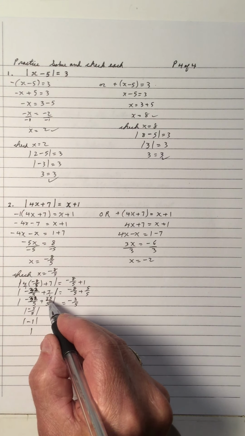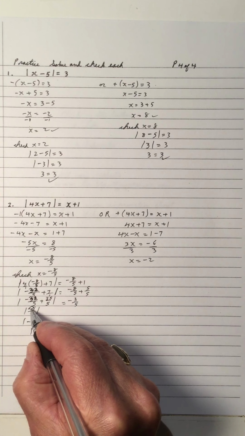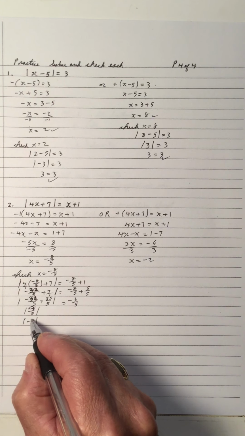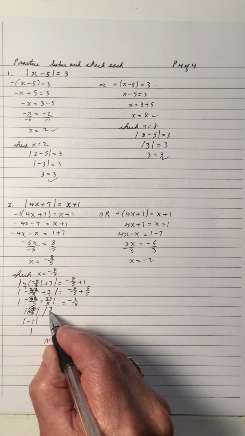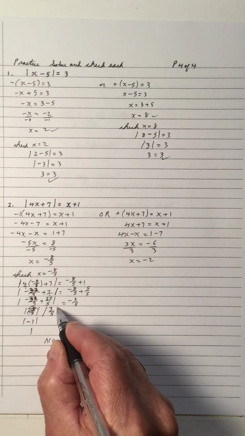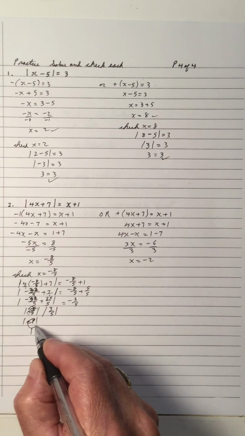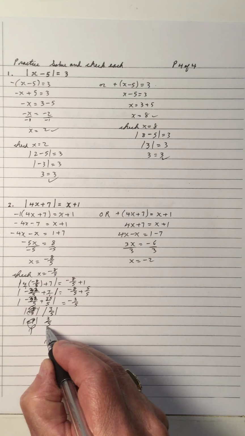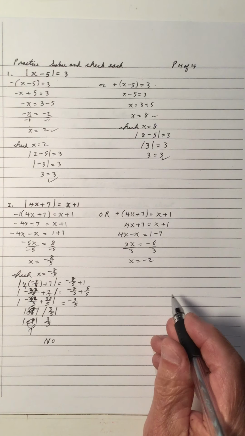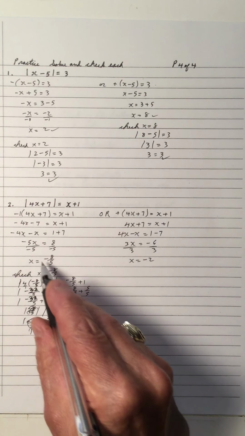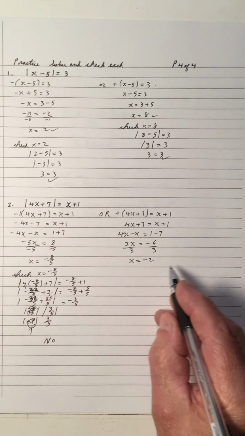So that's negative, that's 3. And that's, okay, absolute value of 3/5. Absolute value of 3/5 is 3/5. And this is negative 3/5. It's still a no. Again, it looked funny, then I got a 1, but so negative 8/5 didn't work.